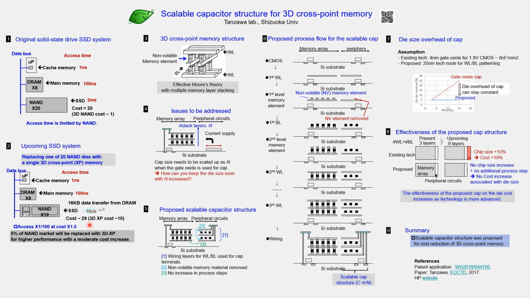In terms of the cost, suppose the 3D cross-point memory cost is 10 times as large as NAND cost. And if you replace a single NAND chip with a single 3D cross-point memory chip, then your storage system costs 29, which is 1.5 times as large as the previous or existing SSD.